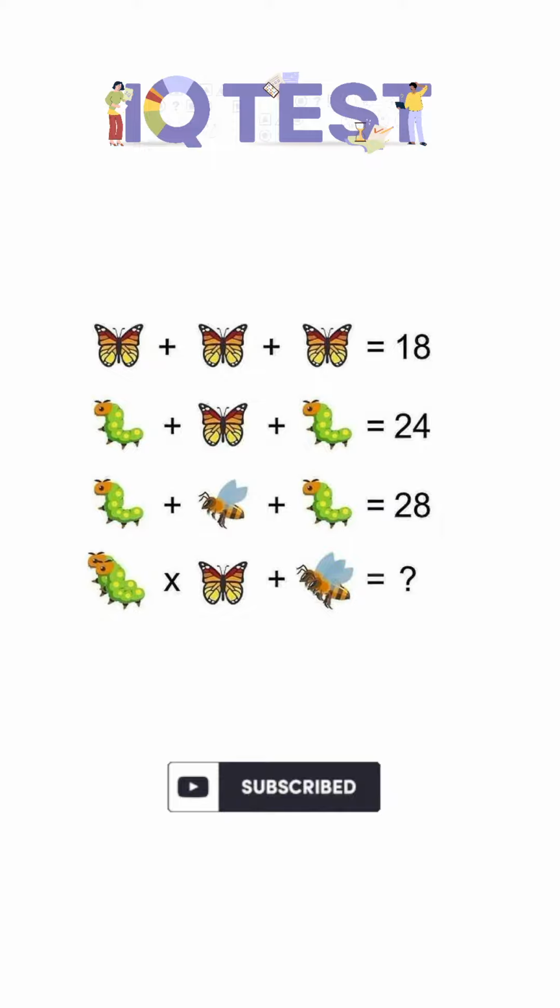So the butterfly is 6, I agree. So 9 is for the larvae, it's true.